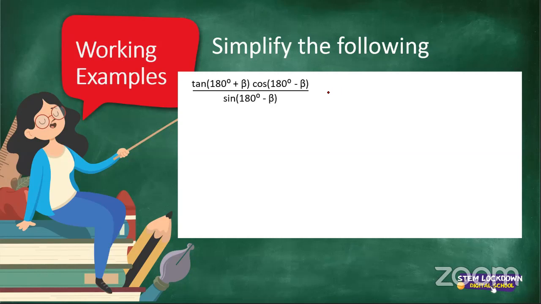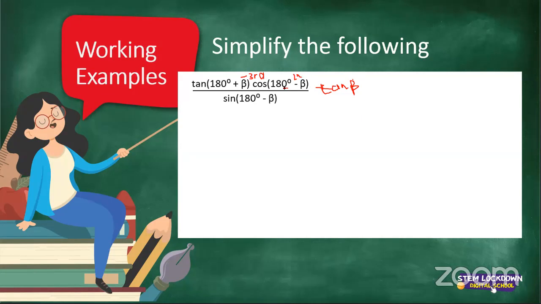Well, 180 plus beta is in the third quadrant, whereby tan is positive. So it becomes tan beta. As for cos of 180 minus beta, it's in the second quadrant, whereby sine is positive.